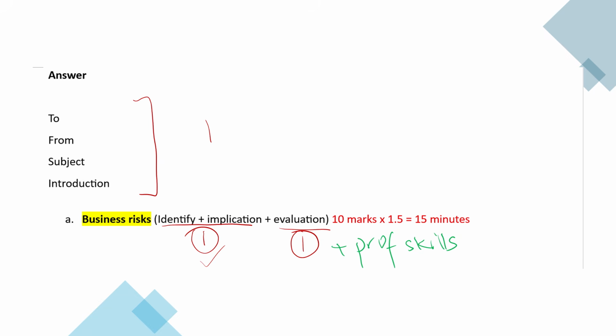So in my example, if I've identified that breach of law is a potential risk, the implication is cash outflow and a negative impact, of course, on the reputation, which could affect my revenue, then the evaluation needs to have something which is more specific to the scenario.